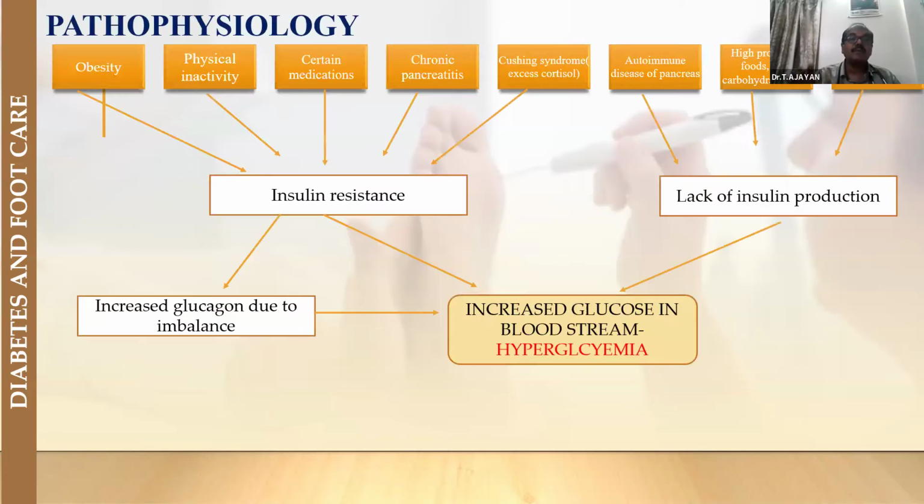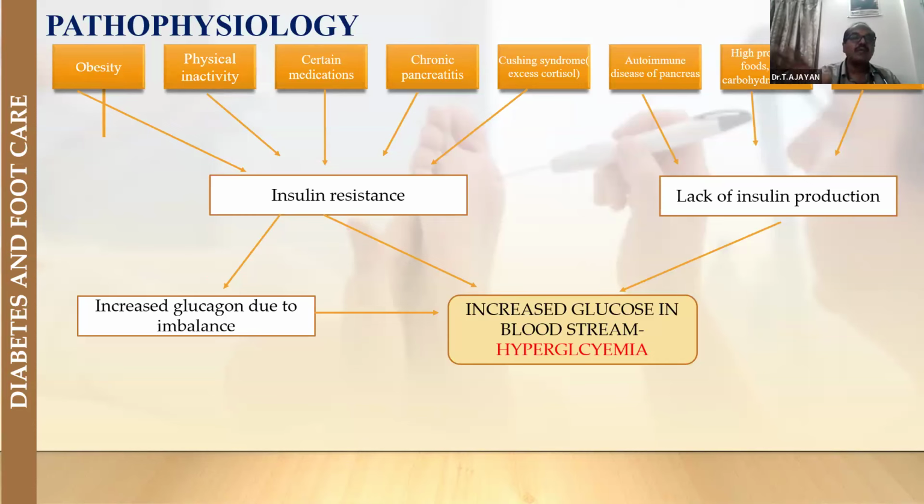Now the pathophysiology of hyperglycemia. One of the major reasons are obesity, physical inactivity, certain medications, chronic pancreatitis, certain endocrine dysfunctions like excess cortisol leading to Cushing syndrome, autoimmune disease of the pancreas, and highly processed food. Nowadays people use processed food and high carbohydrate food.